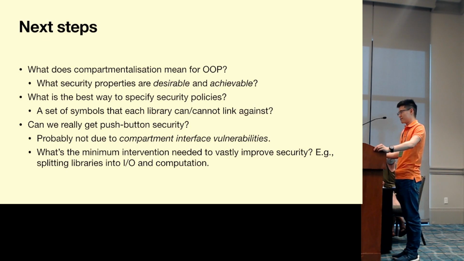Basically, you can just break software and leak information by supplying maliciously crafted arguments through its API. So the interesting question then is, what is the minimum intervention needed to vastly improve security by mitigating these compartment interface vulnerabilities? For example, can we just split libraries into I/O parts and computation parts and gain more security?